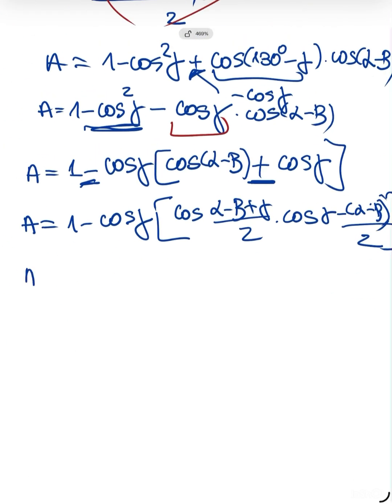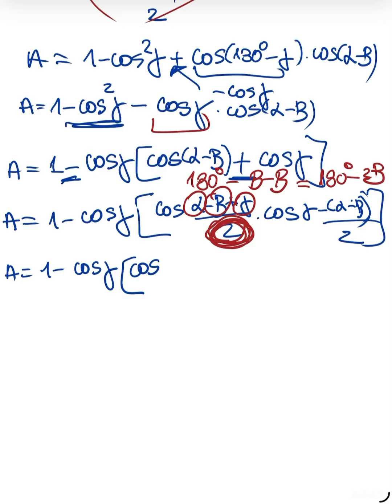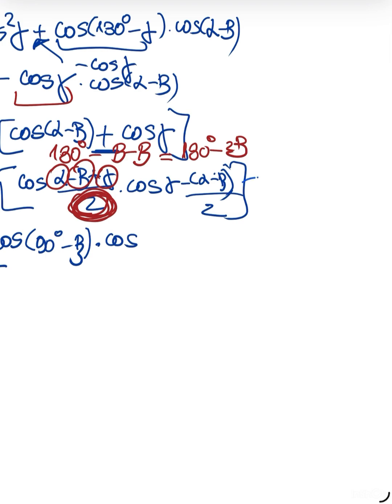Now we are having A is equal to 1 minus cosine gamma times cosine, here alpha plus gamma is equal to 180 minus beta, and one more beta minus beta is equal to 180 degrees minus 2 times beta, and this whole thing divided by 2, we obtain cosine of 90 degrees minus beta, and here cosine of alpha minus alpha plus beta divided by 2.